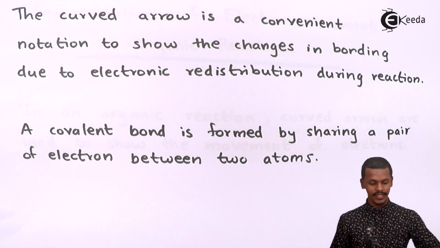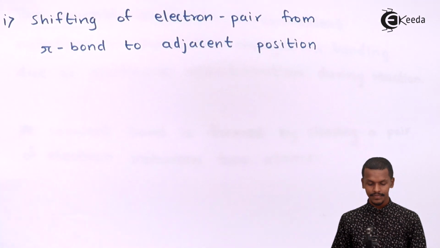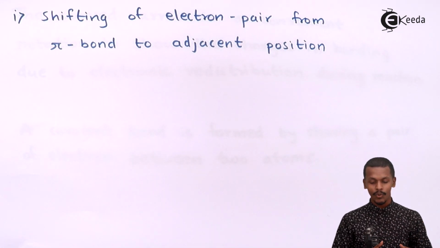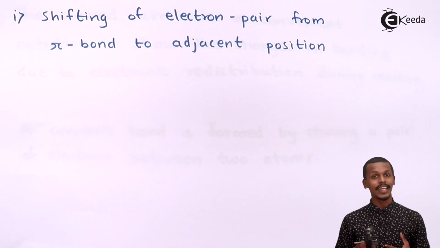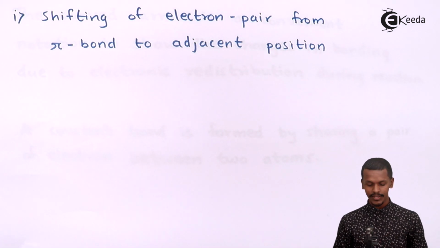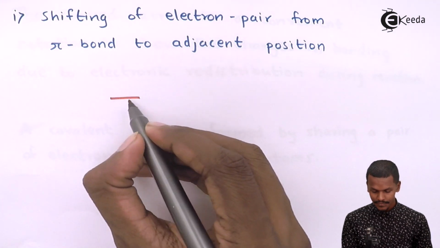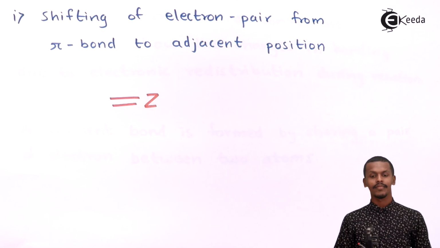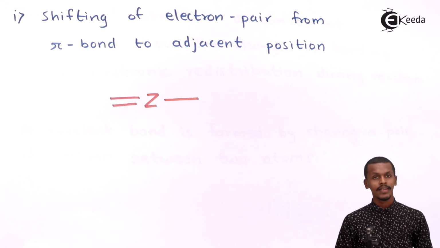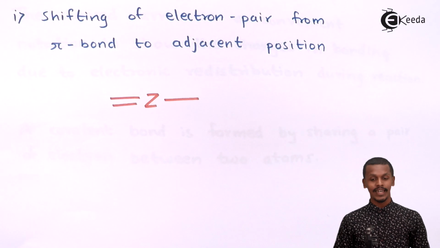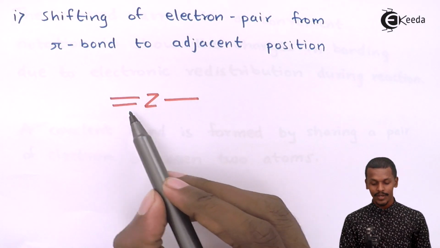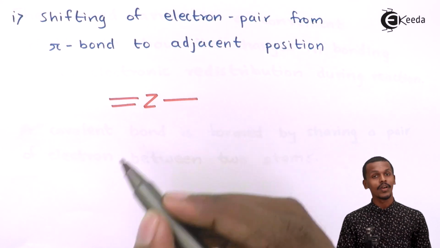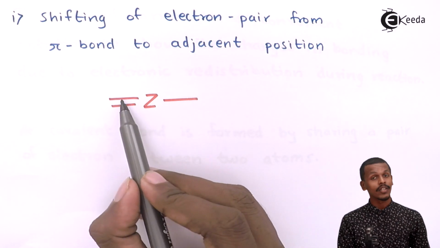Starting with the first one, that is shifting of an electron pair from a pi bond to an adjacent position. Let me give you an idea of how we can represent this. Suppose this is a covalent bond, as you could see. Among this, one is a pi bond, because one of these bonds would be a sigma bond, while the other one would be a pi bond.